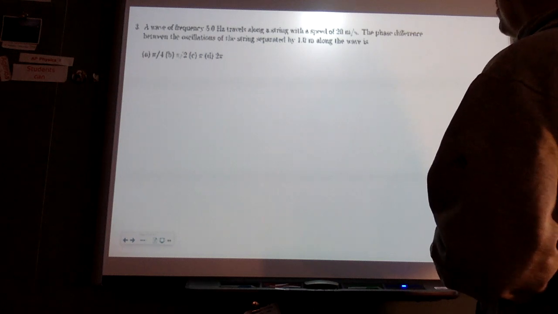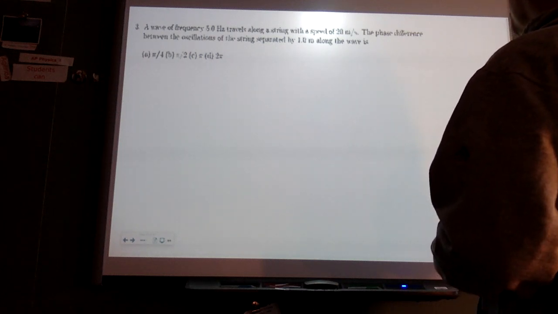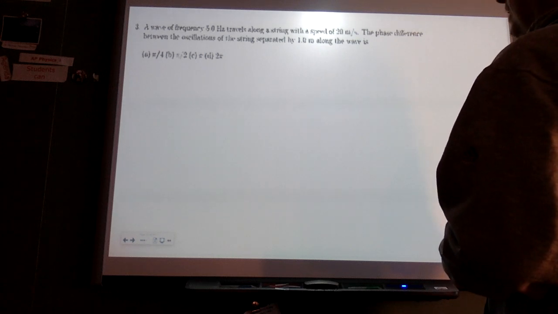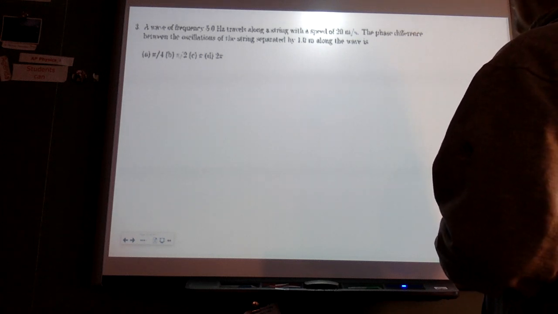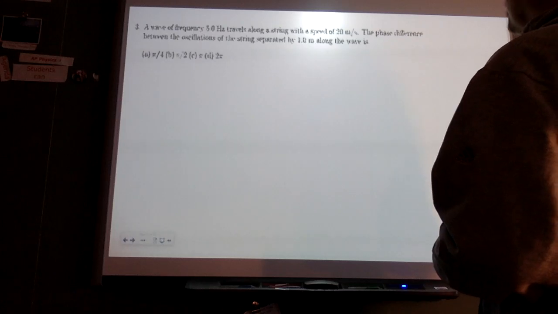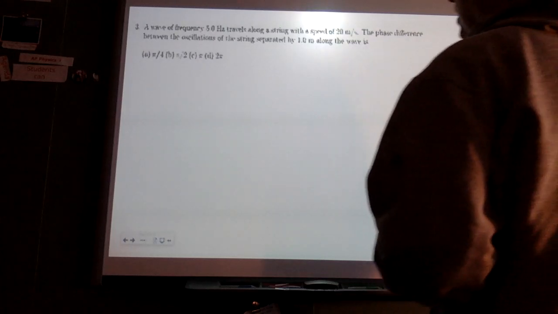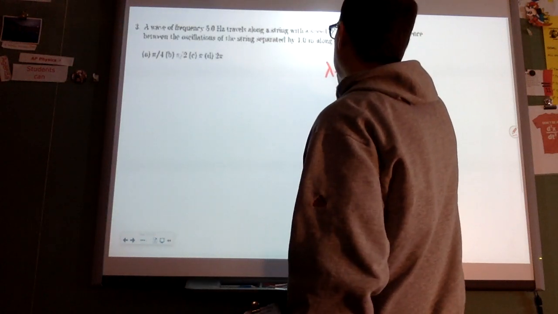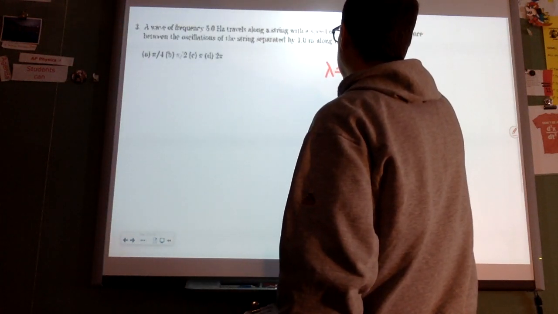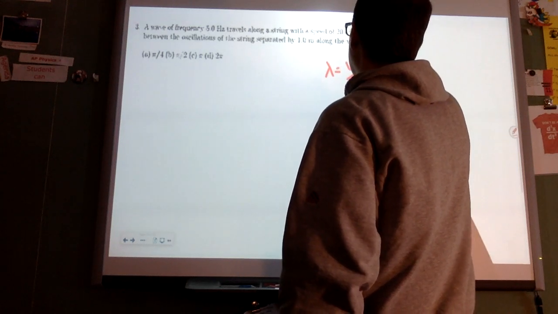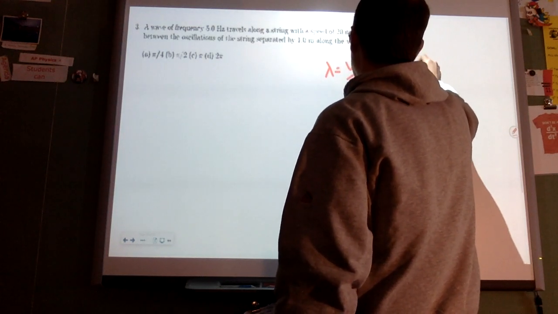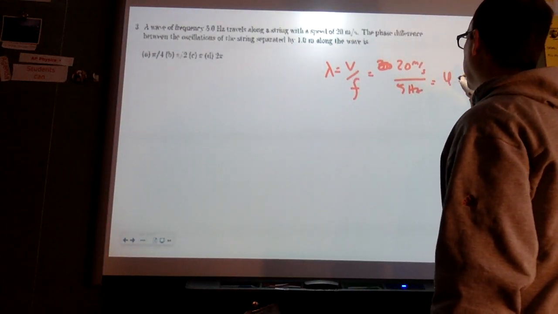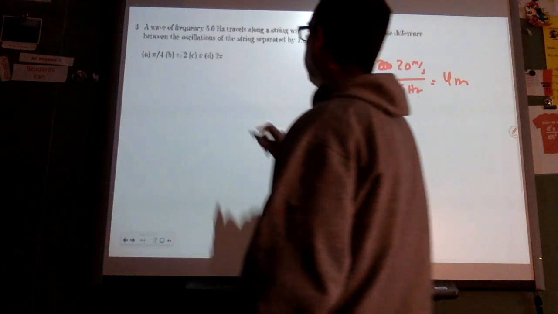A wave of frequency 5 hertz travels along a string with a speed of 20 meters per second. The phase difference between oscillations of the string separated by 1 meter along the wave is... So what's our wavelength? So our wavelength would be our speed over our frequency. I don't know why I wrote 30 when it's 20. 20 divided by 5 hertz tells me that it's 4 meters.